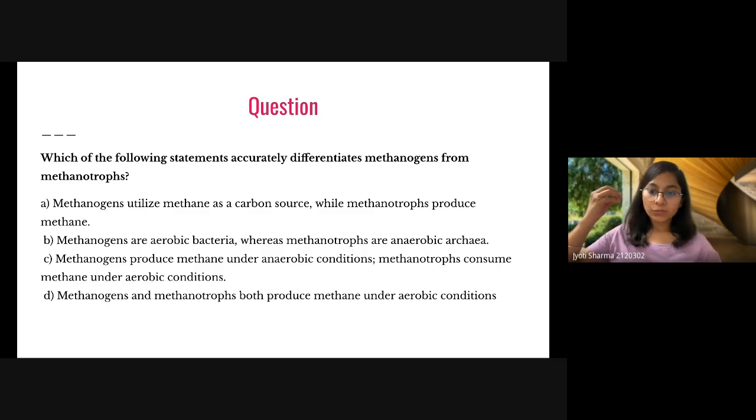But this is just the application of microbiology. Before that, you must know what kind of bacteria you can use for that kind of reactions. And again, I come to the question: out of a lot of variety of bacteria, we have two bacteria, methanogens and methanotropes, and you have to tell me the difference between these two.